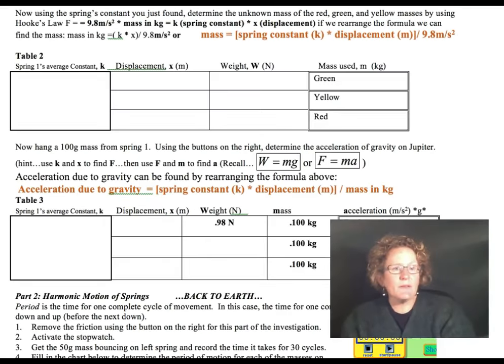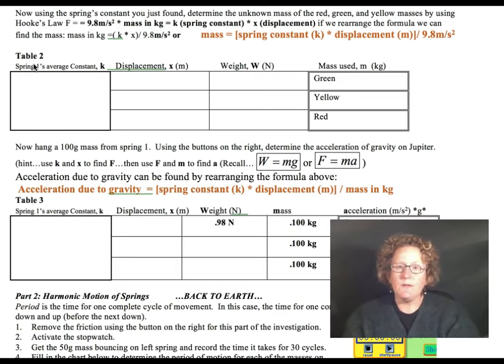So for the next part of the lab, now that we know the spring constant of spring 1, because we calculated it earlier, we're going to be able to use that spring constant to figure out what an unknown mass is, how many grams an unknown mass is.